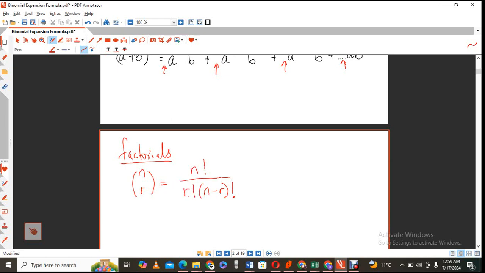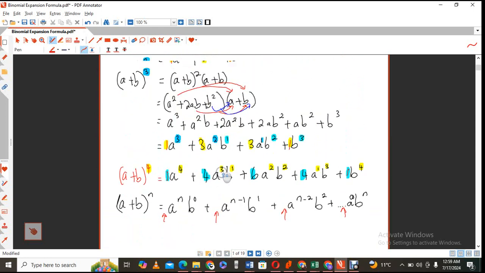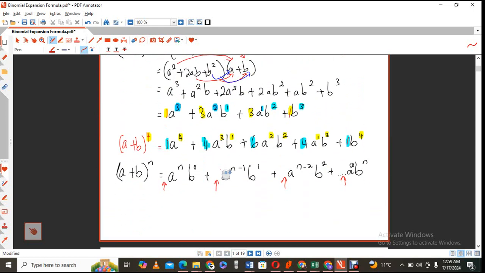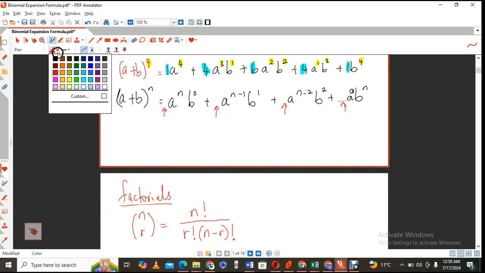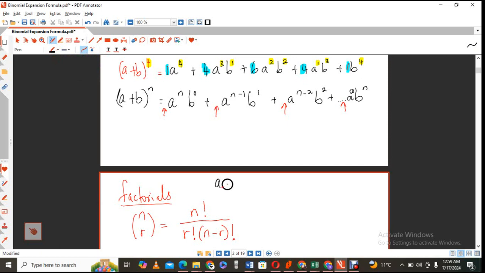So let us just look at bringing down the one of a plus b raised to the power of 4, the one that we have over there. I'm just going to rewrite it nicely so you can follow where I'm going with this. So from a plus b raised to the power of 4, we had 1a to the power of 4 plus 4a cubed b plus 6a squared b squared plus 4ab cubed plus, well, you can call it 1b to the power of 4.